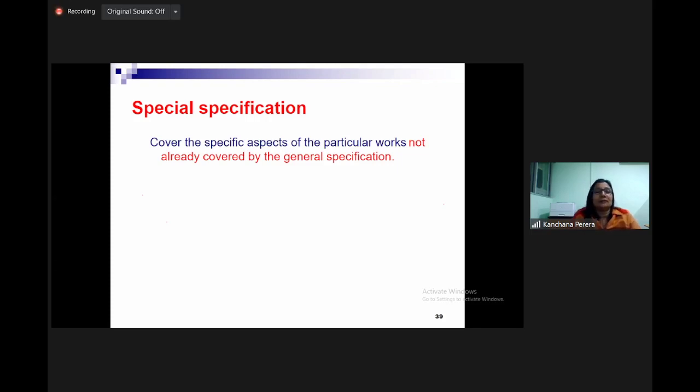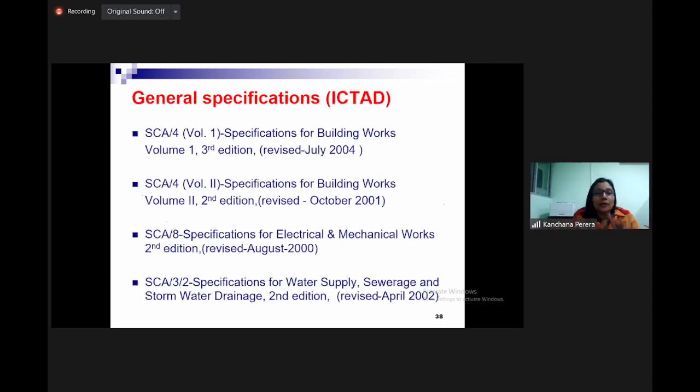What is this? Any idea? Madam, minor details to do with the construction drawing. No, these are not minor details. Most of the minor details are also there in this.